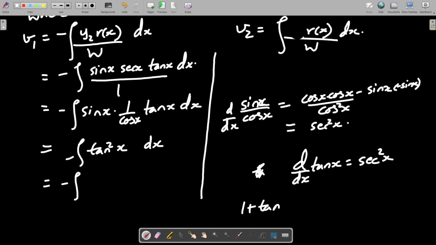This becomes 1 plus sin square upon cos square, right?